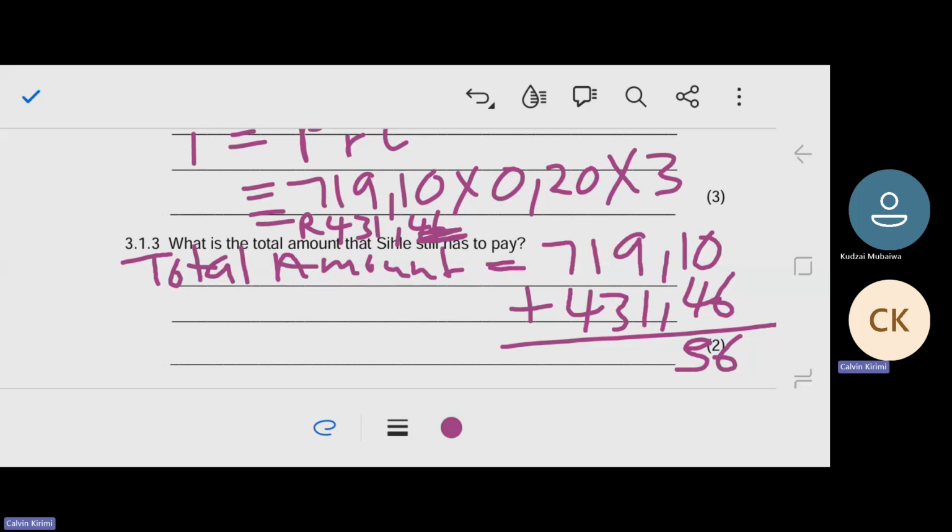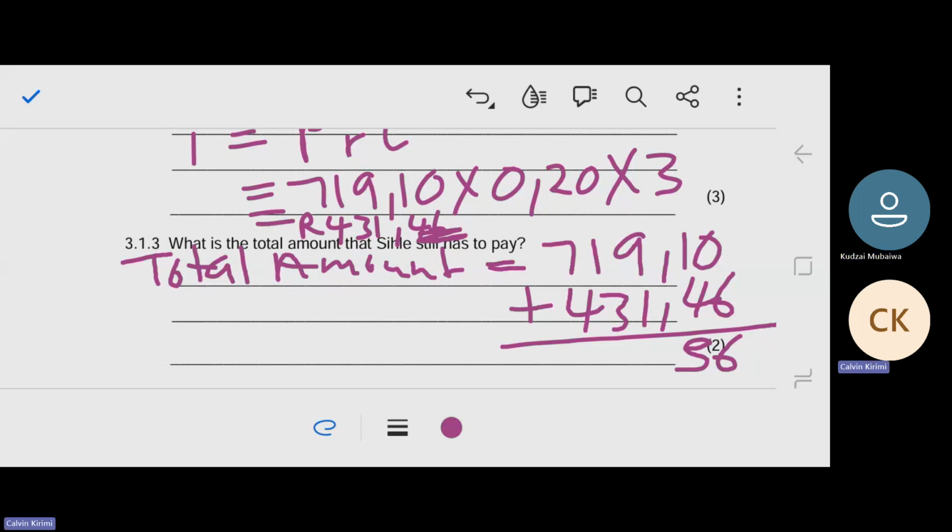You got how much on your calculator? Oh, I rounded it off. The original was 431.46. So why do you round?